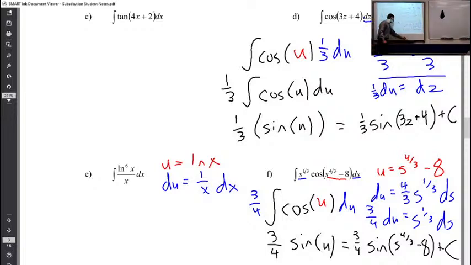In other words, I could rewrite this as the integral of that. That's the exact same thing as this. And now it's super clear, hopefully, what we're going to make u and what we're going to make du.